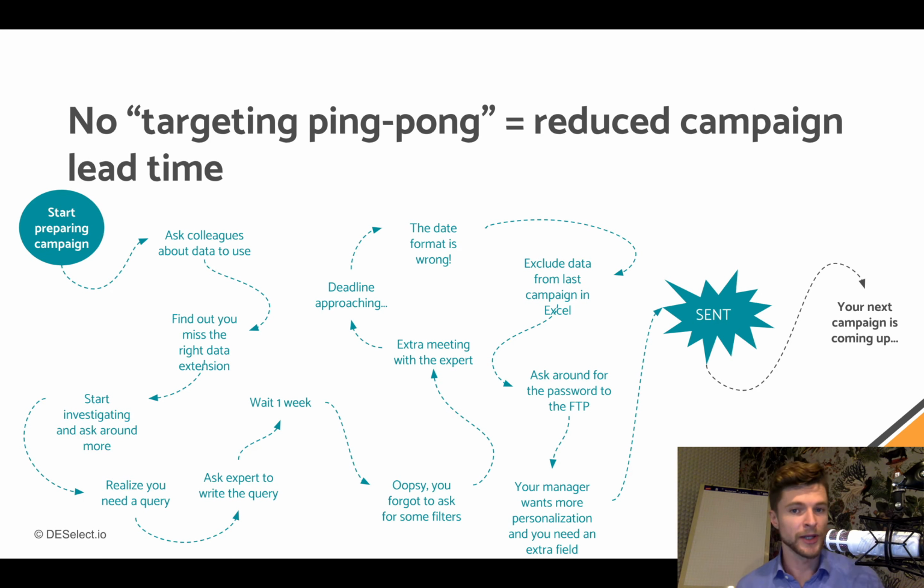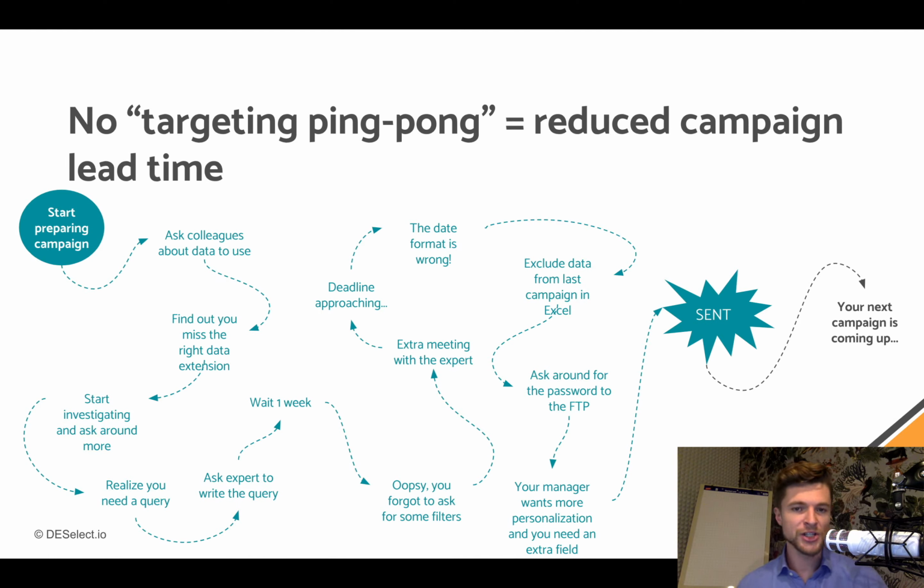Also, on this campaign lead time and the communication overhead I referred to earlier, what typically tends to happen is that as a marketer, you want to do a certain campaign. So you start asking your colleagues about what data to prepare and eventually find out you need someone more technical to write a query or whatnot. What happens then is what we call targeting ping-pong, where you give your requirements, you get some feedback, and there's usually a lot of back and forth.